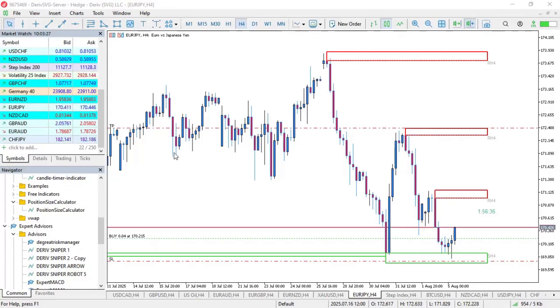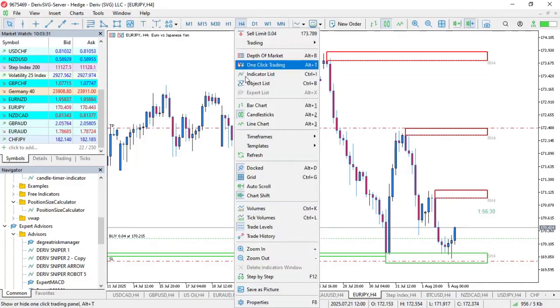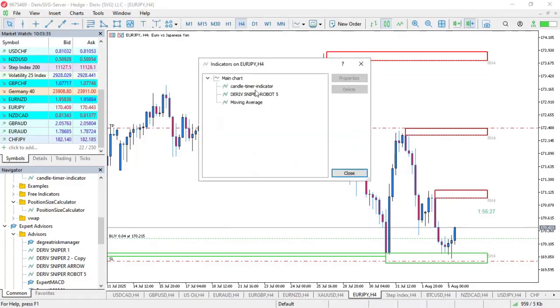How I've set up this indicator is very simple. If you right click and go to the indicator list, you will see it here. It's called Deriv Sniper Robot 5, and you also get access to other indicators, because it's not only the Deriv Sniper Robot that is working here. We also have the timer, which tells you the time the candle will take to close.